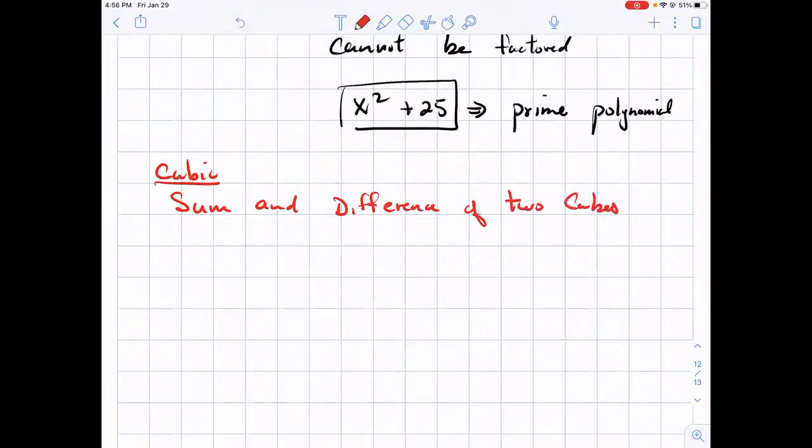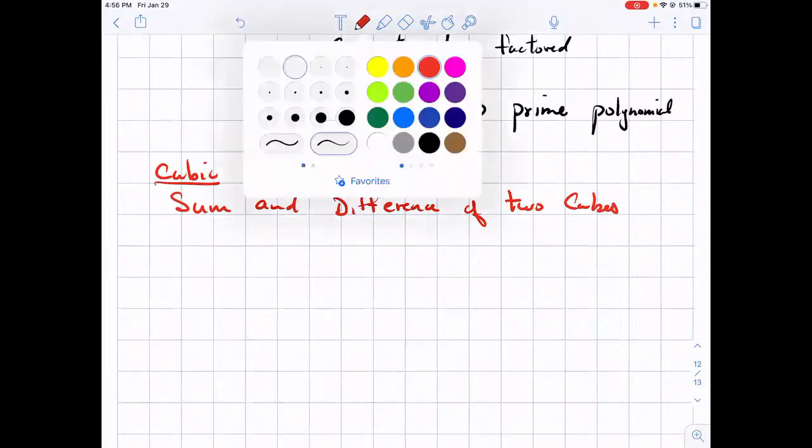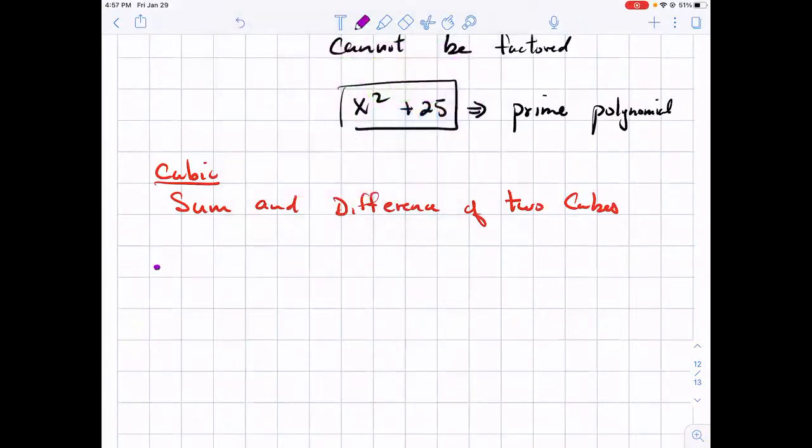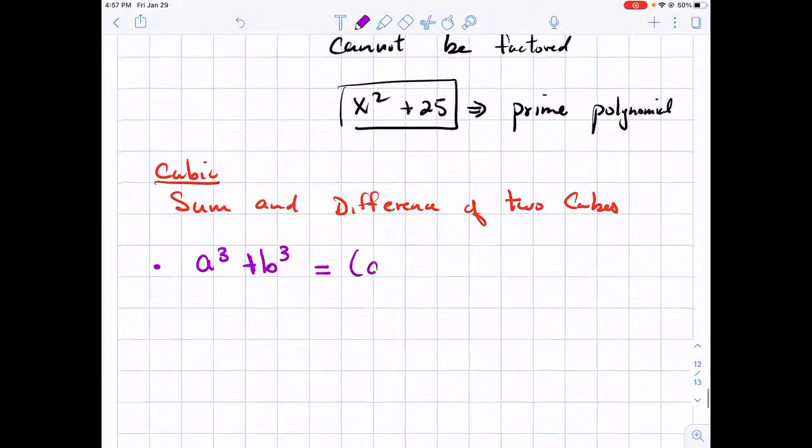Okay. So what does that mean? A cube plus b cube. Now for the sum of cubes, you can factor this. This is equivalent to a plus b times a squared minus ab plus b squared.